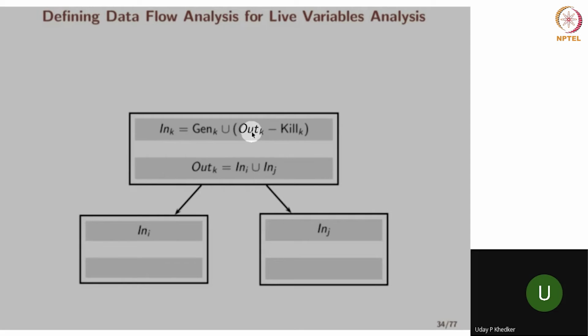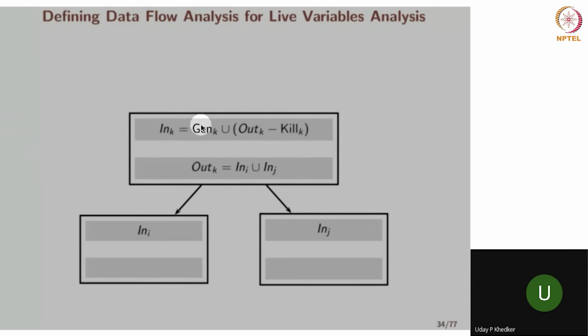So we say out k minus kill k. These are the variables whose liveness is propagated from the exit of the block to the entry of the block. Besides, there are some variables whose liveness is generated within the basic block, and we've already seen that.